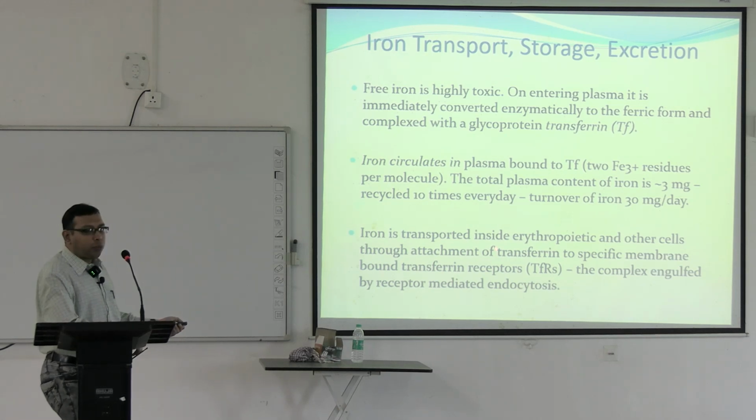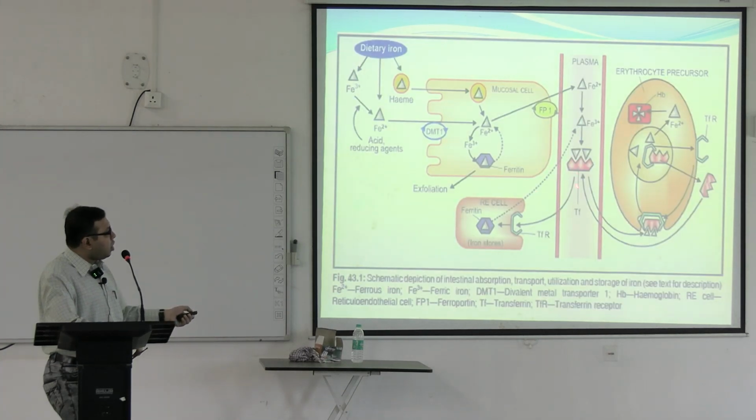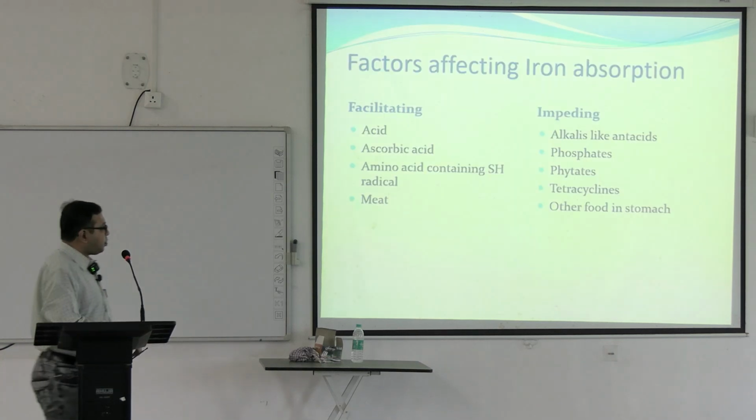Iron is transported inside erythropoietic and other cells through attachment of the transferrin to transferrin receptors, and the complex is engulfed by receptor mediated endocytosis. Ultimately you can see this transferrin with ferric iron, this is the transferrin receptor, these are also the transferrin receptors. Here it is engulfed within, either in the reticuloendothelial cells or in the bone marrow cells.